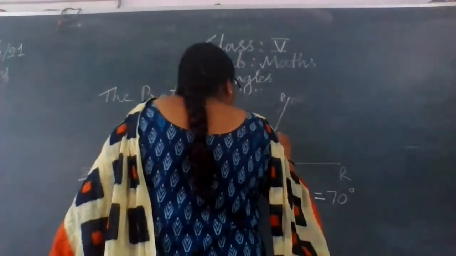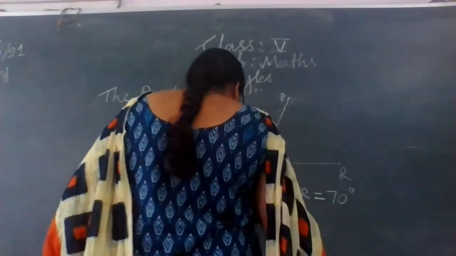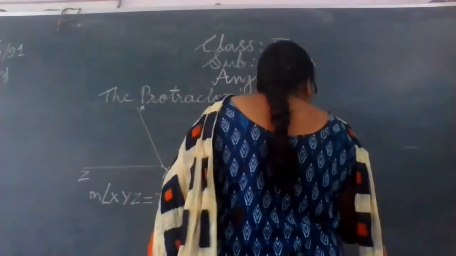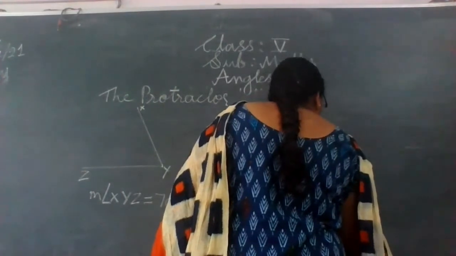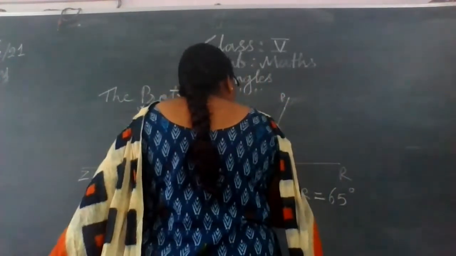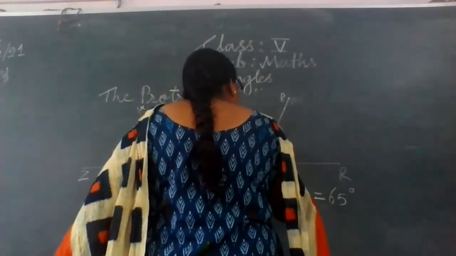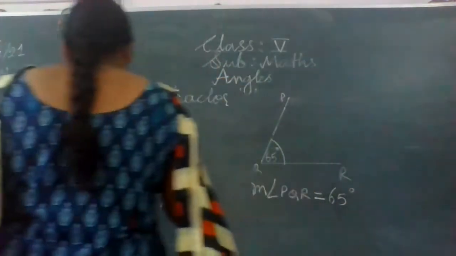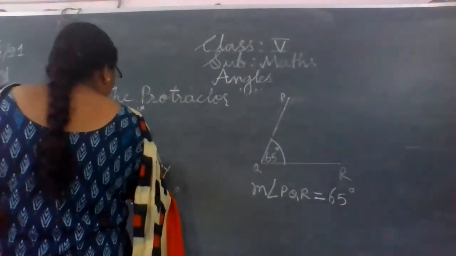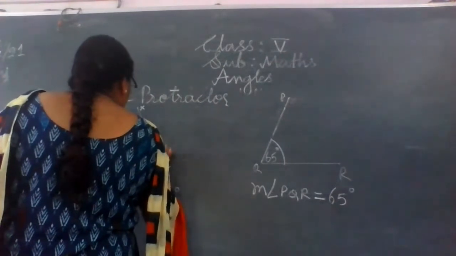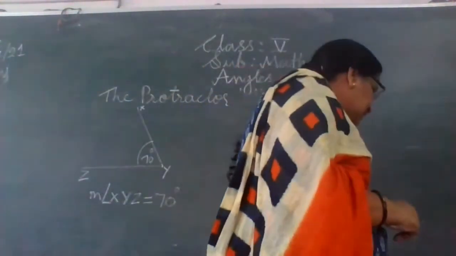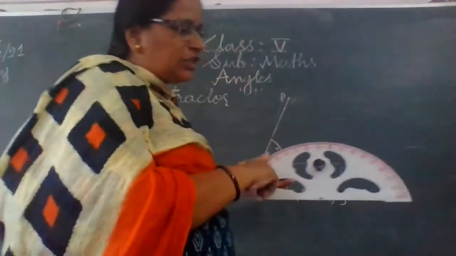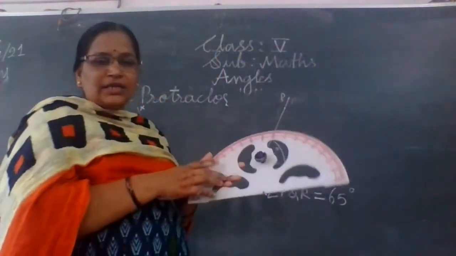Again, we will write over here. So we will write here 65 degrees. And here 70 degrees.